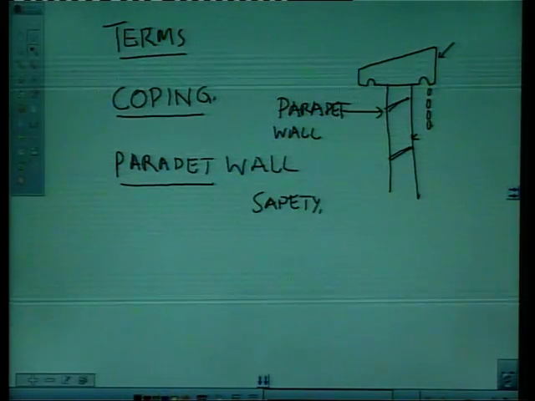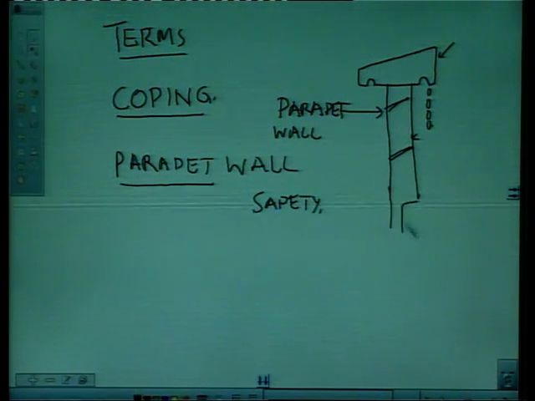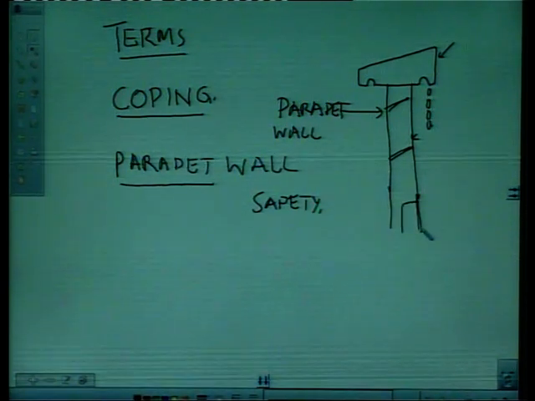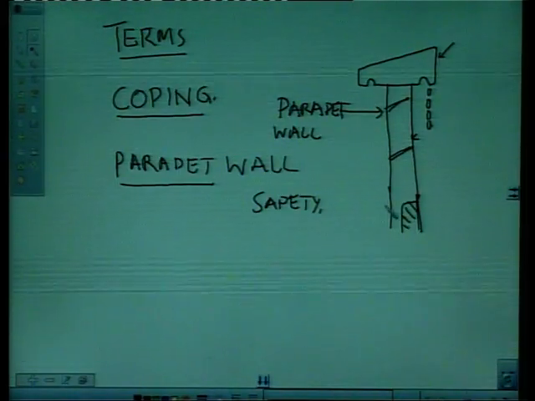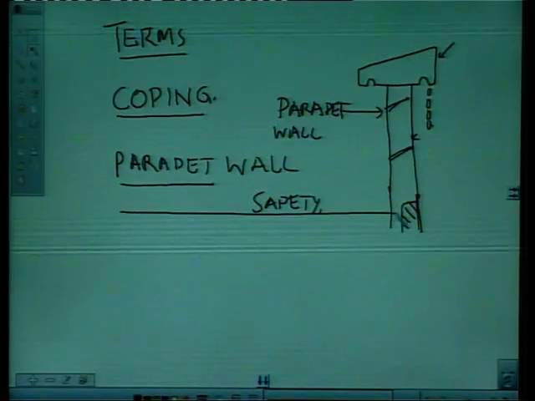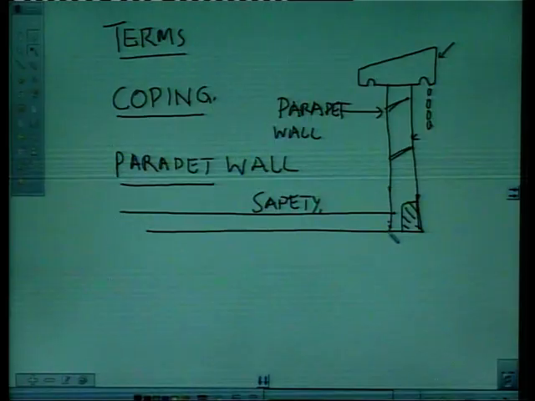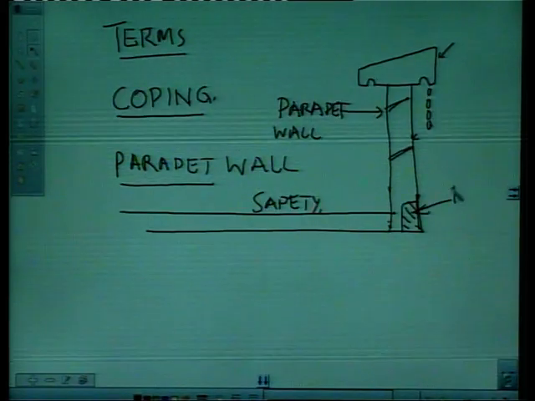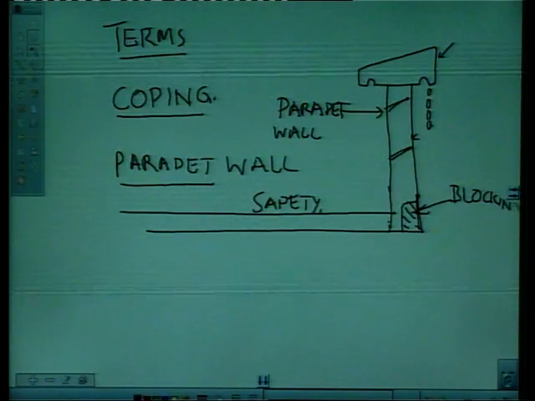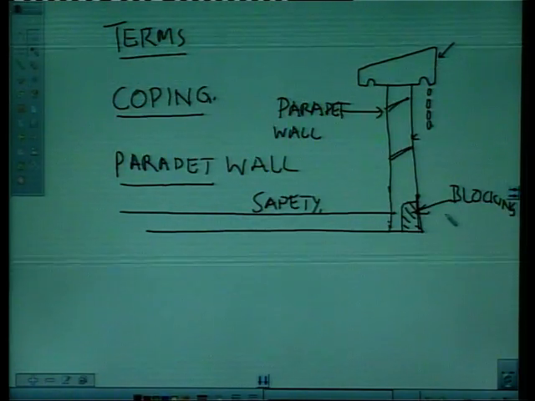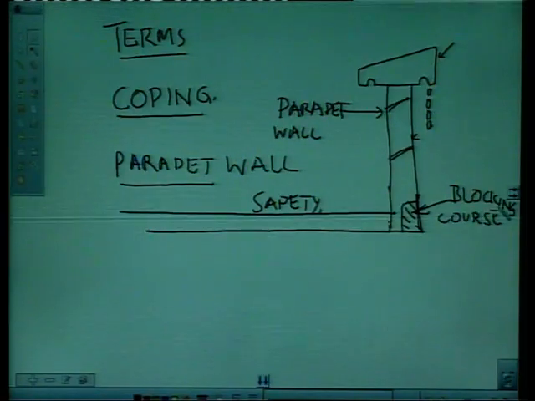Then I have the blocking course over here. A stone piece is just placed at the roof level. If this is my roof, and this is the blocking course.